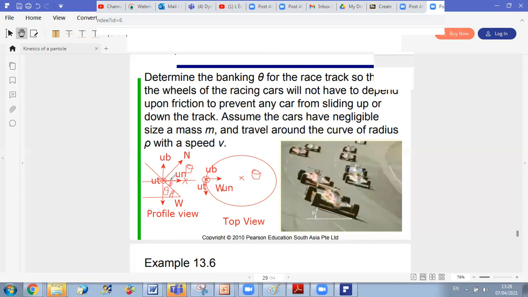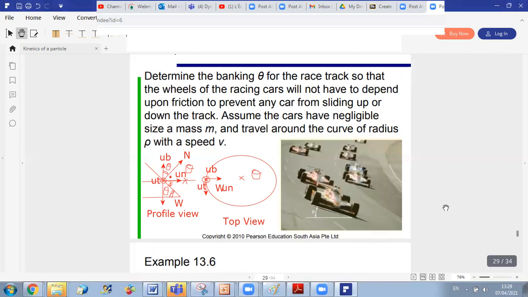So the angle of n with UN will be pi over 2 minus theta, and this will be theta. So n makes an angle theta with UB and pi over 2 minus theta with UN. Once I determine this, all I have to do now is apply the projections. So let us apply together the three projections.